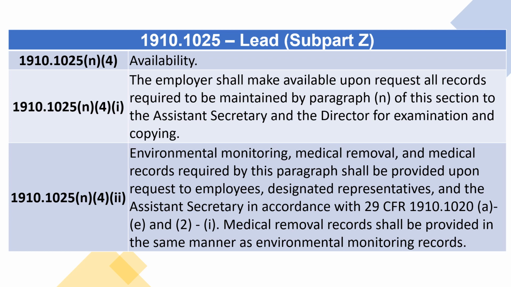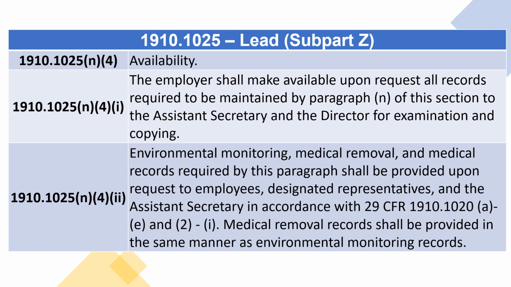1910.1025 (n)(4). Availability. 1910.1025 (n)(4)(i). The employer shall make available upon request all records required to be maintained by paragraph (n) of this section to the Assistant Secretary and the Director for examination and copying. 1910.1025 (n)(4)(ii).